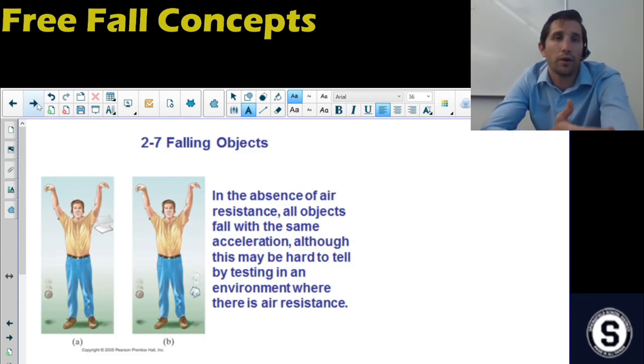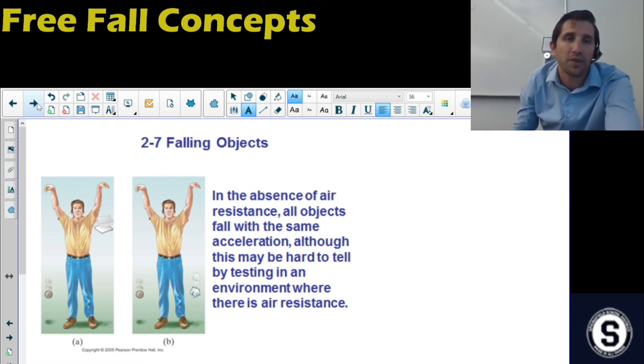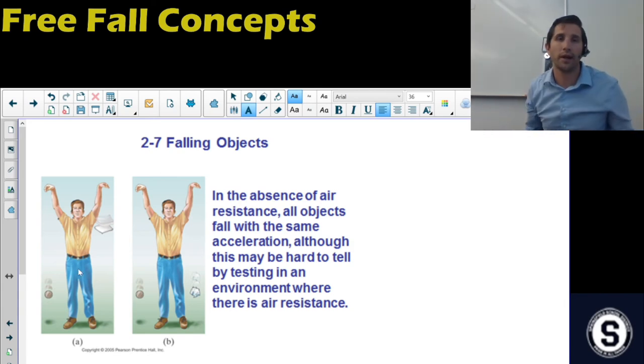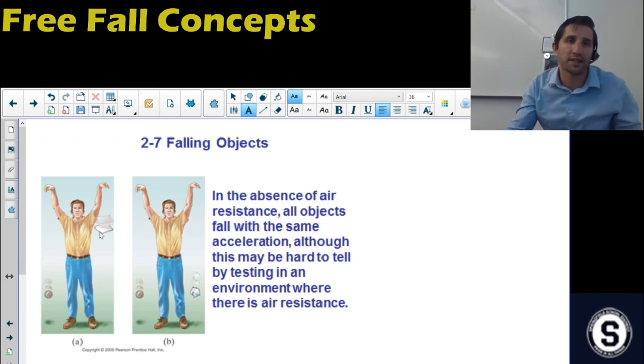So we saw in class that if we drop, let's say, a ball or a weight and a piece of paper, they don't fall at the same rate normally. The reason is because there's air all around us, and the air affects that paper in a stronger way than it does the other object.